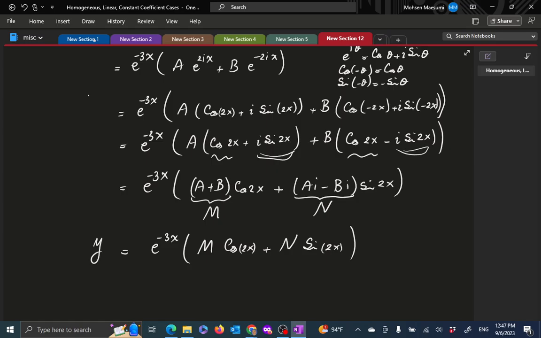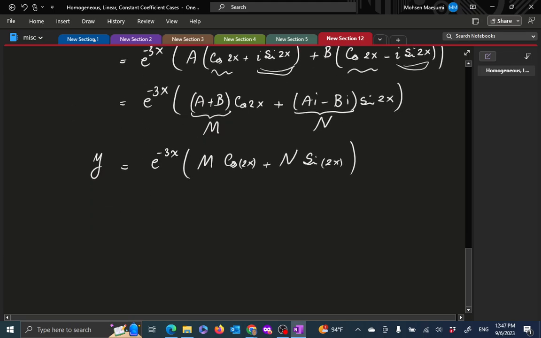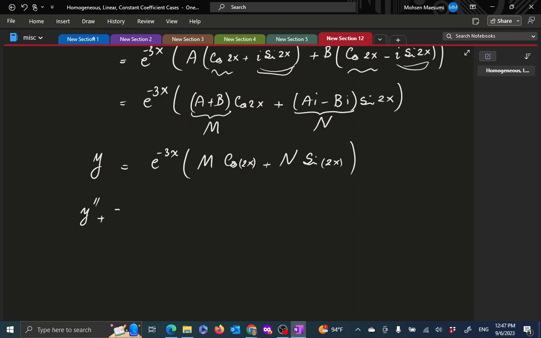Now let's rephrase the whole thing so that next time it doesn't take so much time for us. Let's see what happened. I had y double prime plus 6y prime plus 13y equal to 0. From that, I got the auxiliary equation.